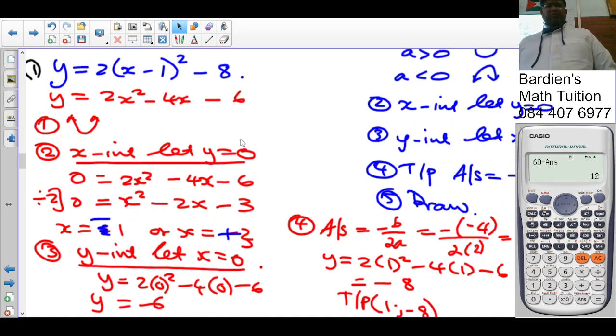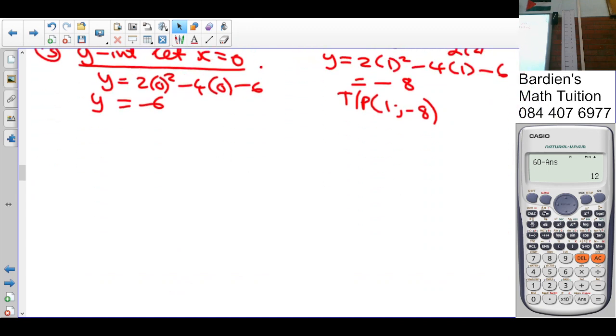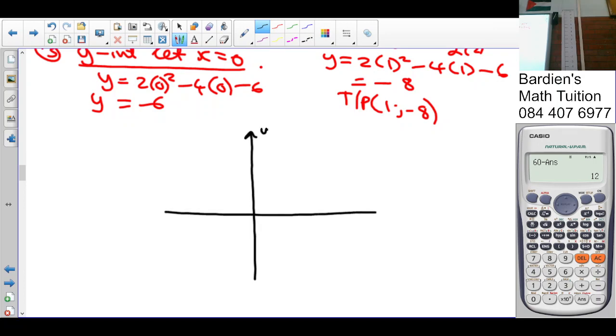Okay, so with it I can now draw the graph, not so? Right. So let's draw. So the first thing we draw in is our axis, not so? Your y and your x axis.